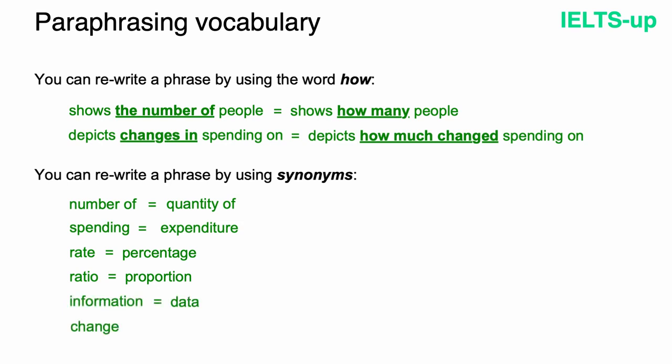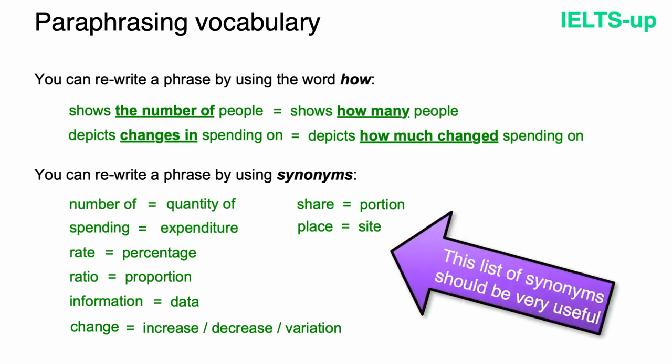Change can be sometimes replaced by increase, decrease, or variation. Share is equal to portion, and place is equal to site. These phrases often come up in IELTS Writing Task 1, so this list of synonyms should be very useful. It's good to remember those words.